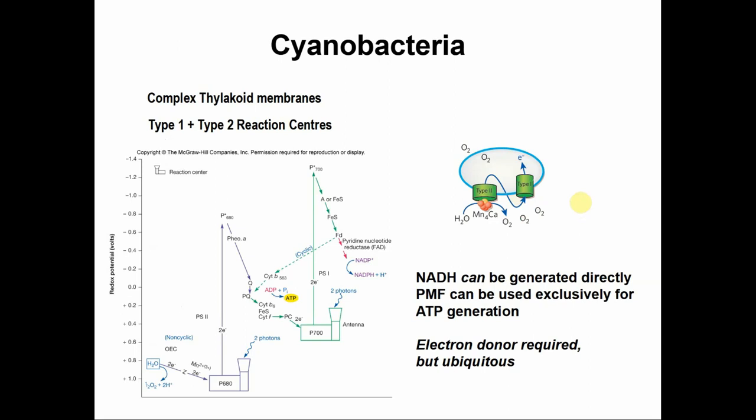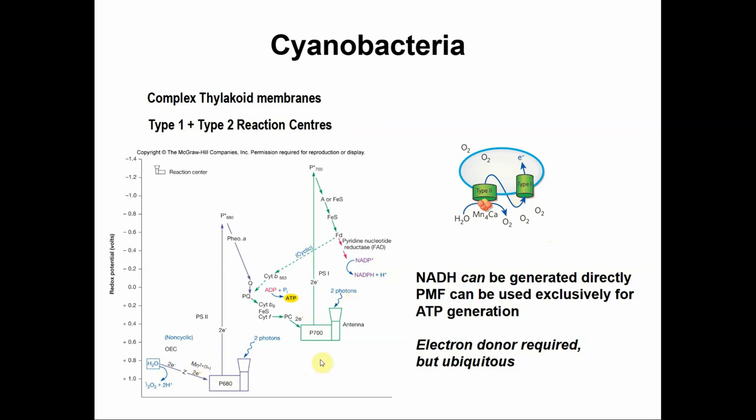So these are the only photosynthetic bacteria that have both type 1 and type 2 reaction centers. And cyanobacteria perform oxygenic photosynthesis in exactly the same way as chloroplasts in all green plants. And of course, cyanobacteria are basically the bacteria that were internalized by green plants in an endosymbiotic event.